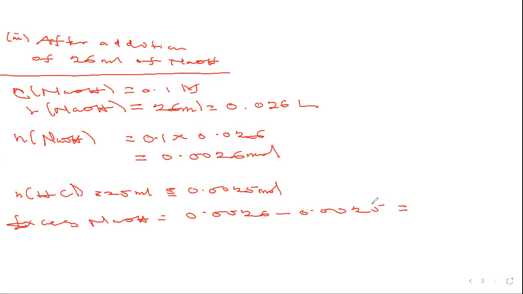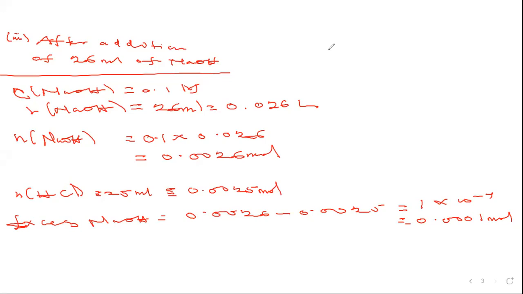Does that make sense? And that is going to give us 1 times 10 to the power -4, or 0.0001 moles. This is what we have in excess. Is that okay?